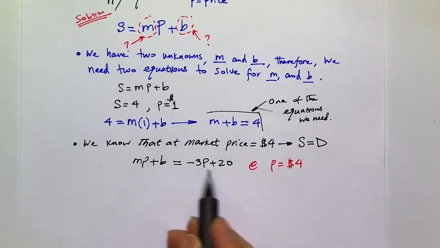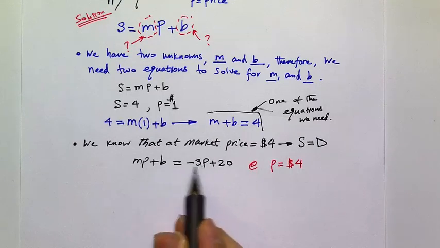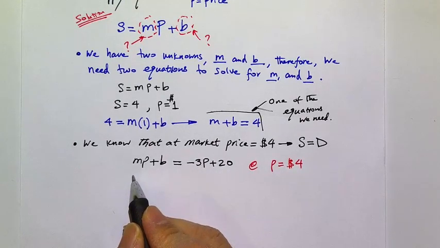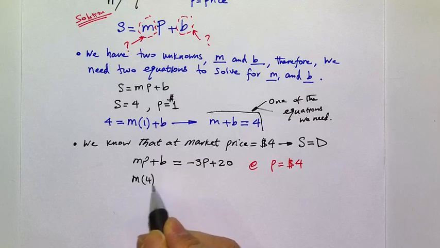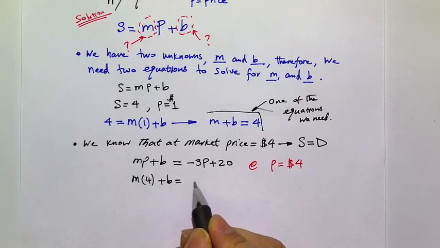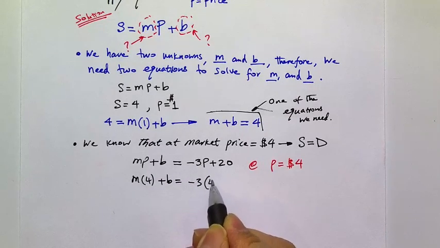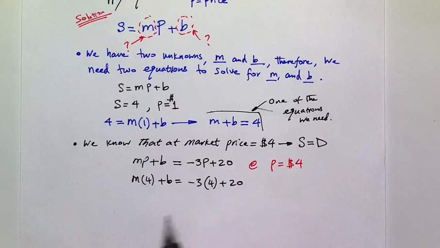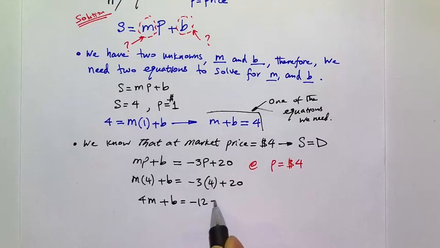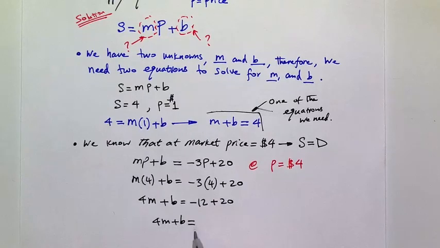So we need to substitute 4 for P in this equation. M times 4 plus B equals minus 3 times 4 plus 20. On the left we have 4M plus B equals minus 12 plus 20. If we clean this up, we get 4M plus B equals positive 8.